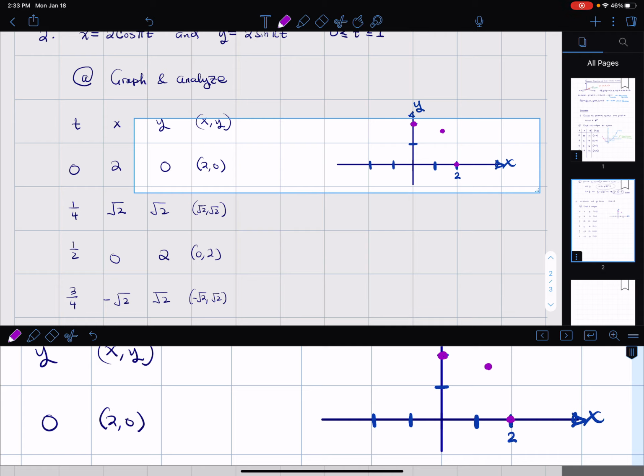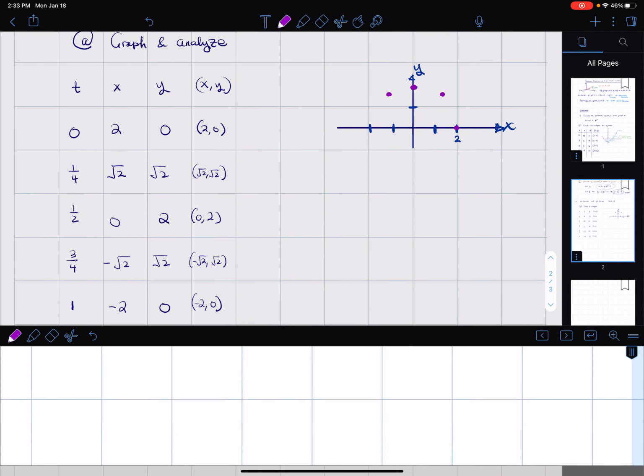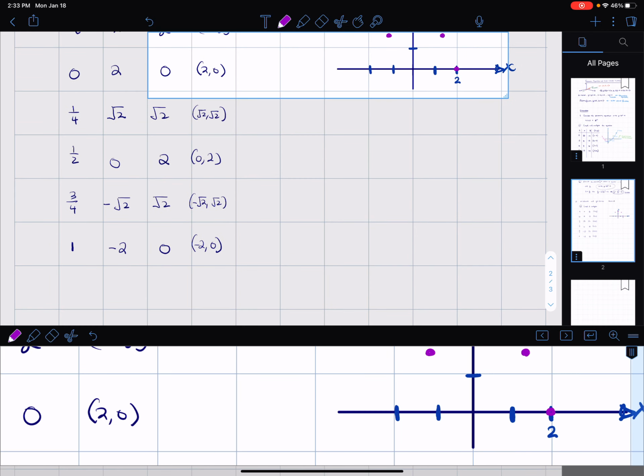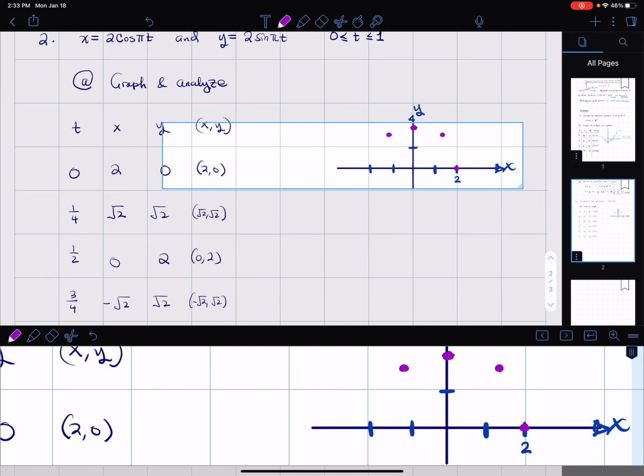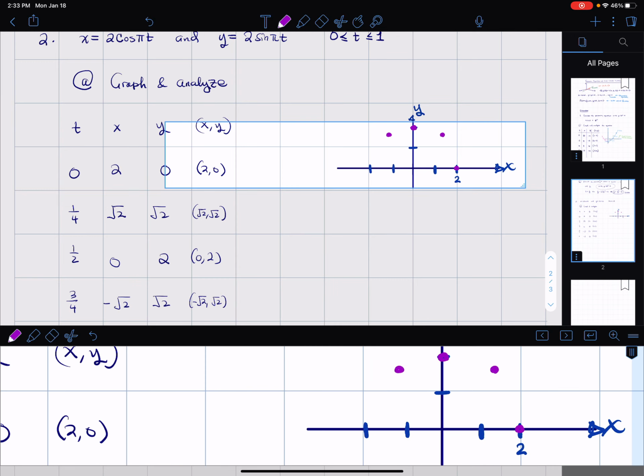You have negative root 2 and positive root 2. Okay. And then when t is 1, you now have x is negative 2 and y is 0. So that. So let's join it.